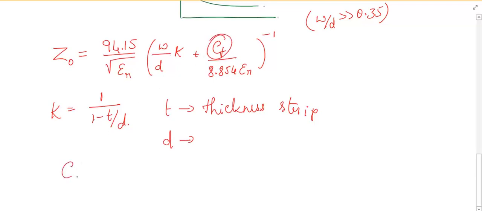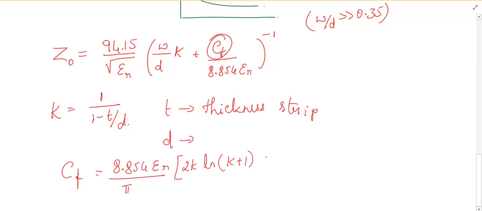What is CF? As I have told, it is the fringing capacitance, and this fringe capacitance is given by, this is a bit lengthy equation. It's 8.854 epsilon r divided by pi into 2k ln of k plus 1 minus k minus 1 ln of k square minus 1.